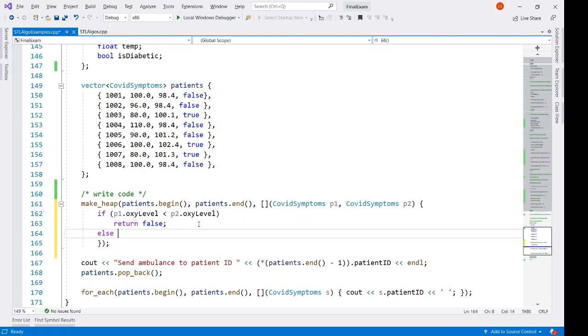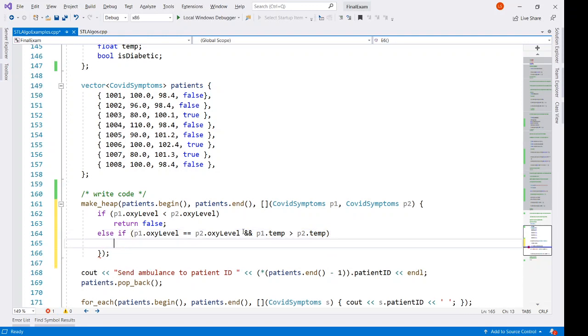Then else if these two values are same, if this is equal between two patients, then we check the temperature. If temperature is greater than P2's temperature, then also we return false.